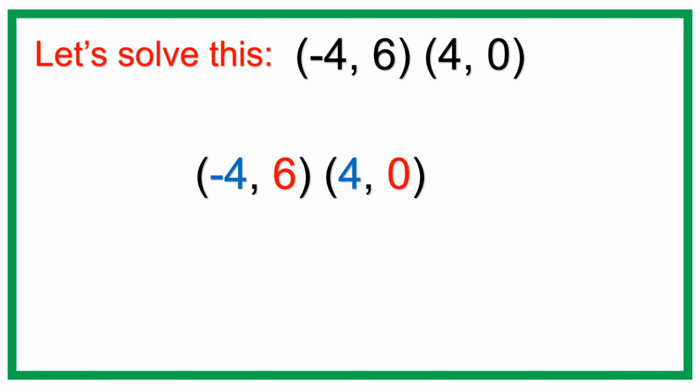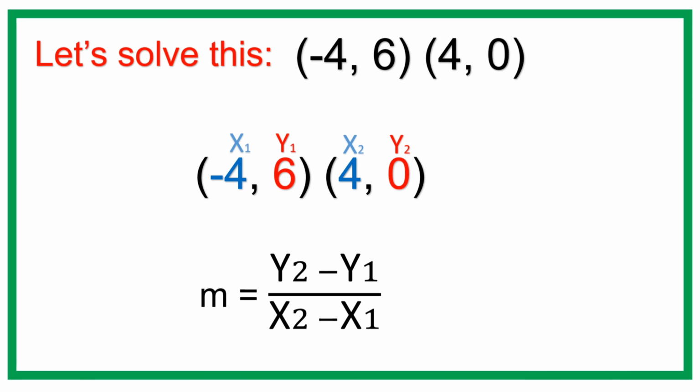So we have x1, y1, x2, y2. The x are colored blue and the y are colored red. And this is our formula: m equals y2 minus y1 over x2 minus x1.